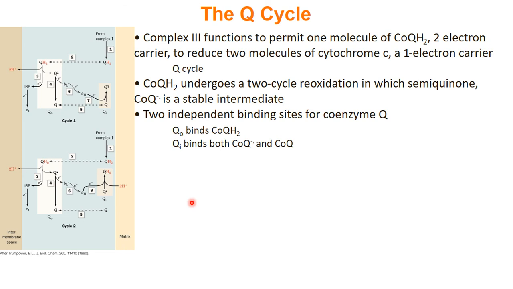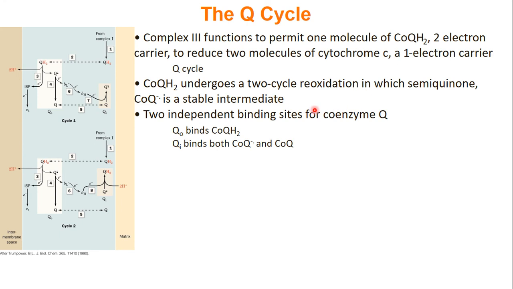Now, to give electrons from coenzyme Q to our cytochrome is actually a very involved process, because coenzyme Q will deliver 2 electrons. Cytochrome can only carry 1 electron. So to give both electrons away, we have something that's called the Q cycle.